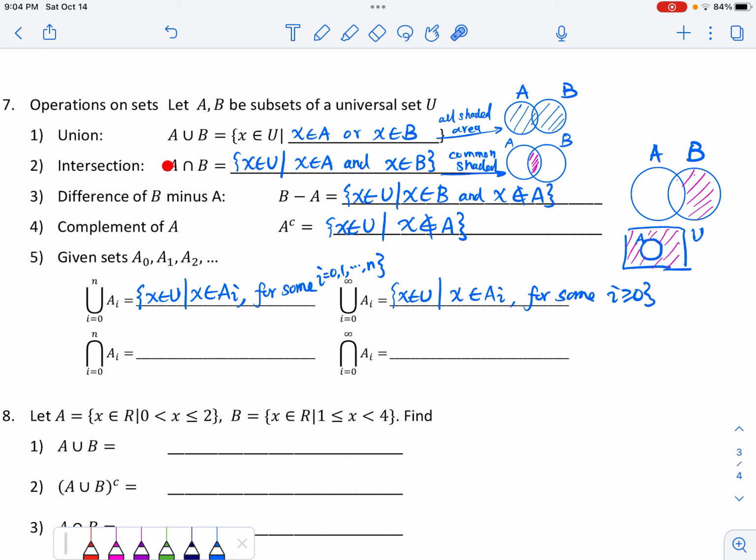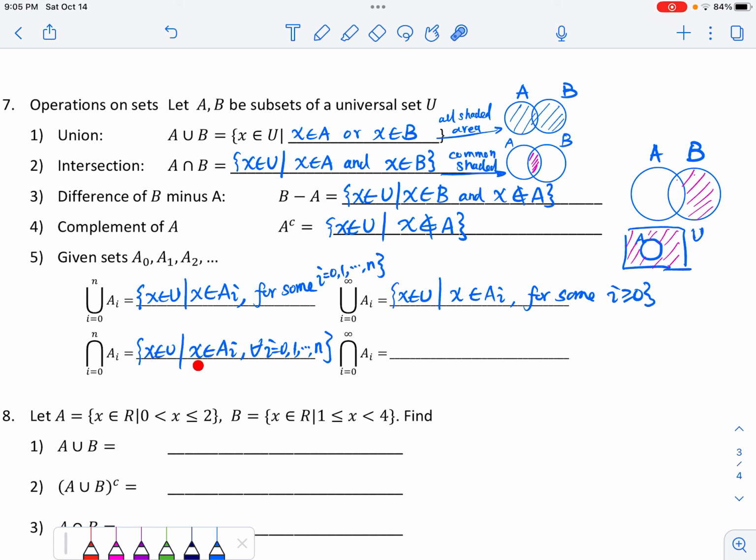And similarly, the intersection definition can be extended to X in U, X in AI for all I from 0, 1 to N. That means when X is in the intersection of all the AIs, X must be in every single AI.